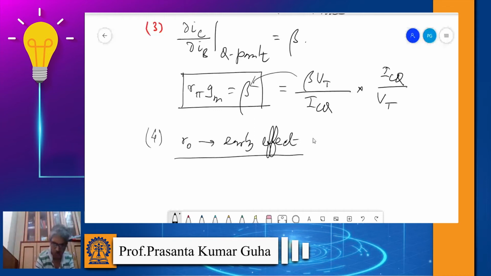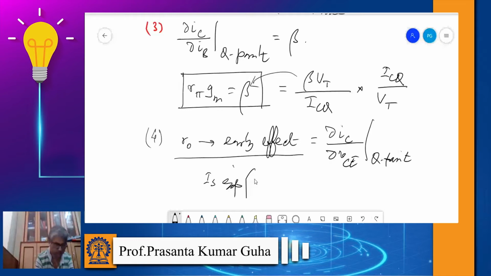That is basically del IC over del VCE at Q point, and if you put those IC value, of course here you have to consider one additional term, because the early voltage is coming into picture.